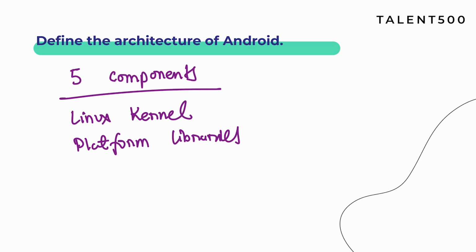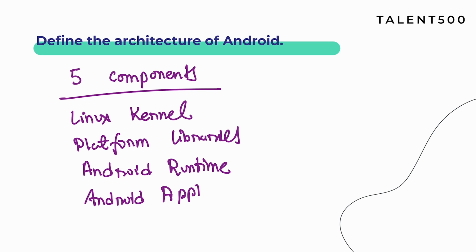I will explain each of these one by one. Number 3, Android runtime. Number 4 is Android applications. And number 5 is application framework.